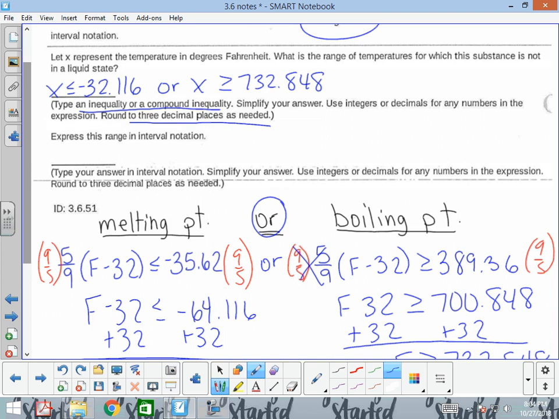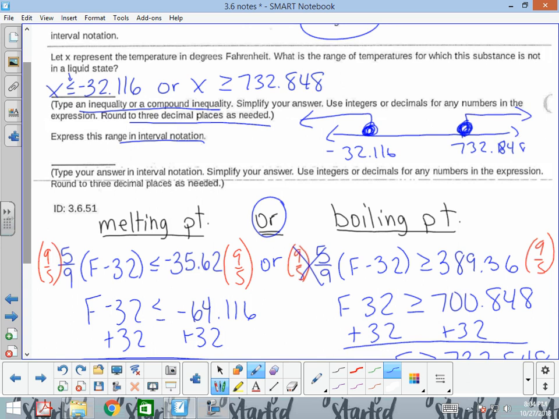Then it says express this range in interval notation. So on a graph, the smaller number goes on the left, and it's filled in, and it's going to the left, because this arrow is going to the left. The big number goes on the right. Oops, that's supposed to be an 8. It's filled in, and it's going to the right.